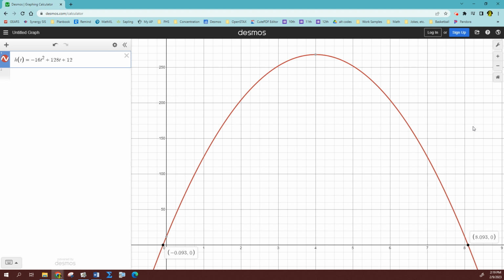Okay, well, the math gods told us when it would have been at ground level if we had done a slightly different experiment. Instead of the rocket starting off from a platform 12 feet high with an initial velocity of 128 feet per second, or meters per second, whatever our units were, what if it had left the ground and gone whizzing by the edge of the platform with that velocity?